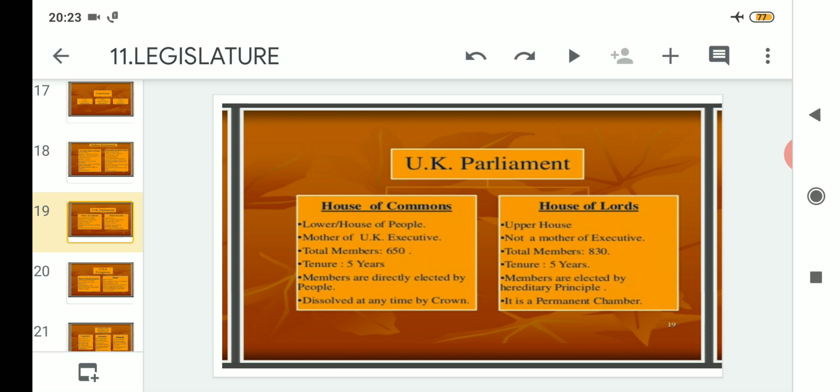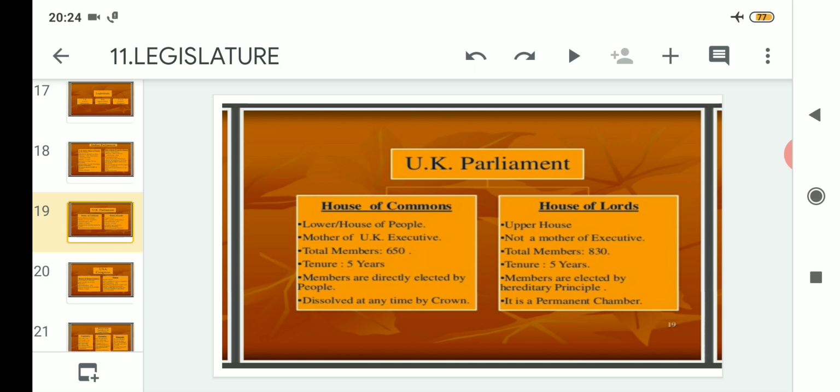Now let us proceed to the House of Lords. This is known as the upper house. Clear? The House of Commons is the lower house, also known as the House of the People, and the House of Lords is known as the upper house. It is not the mother of the executive. That means as the members are indirectly elected, for that reason it is not related to the executive.